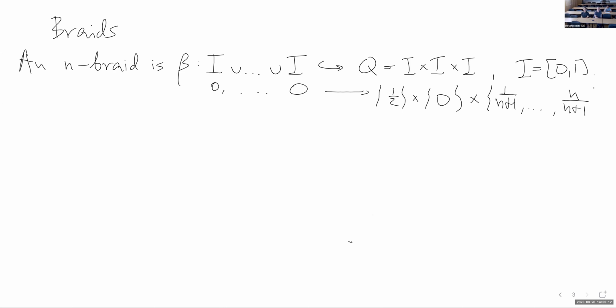And I will. And then the one ends go the same, except there is one here. And then level t points go to t here. Okay. An example of a 3-braid.